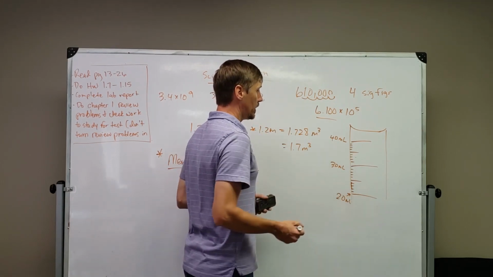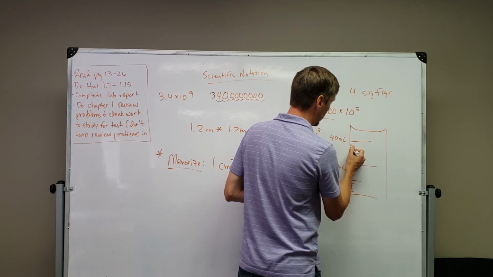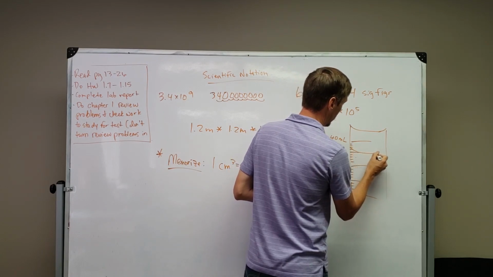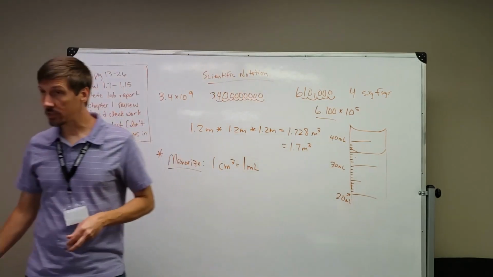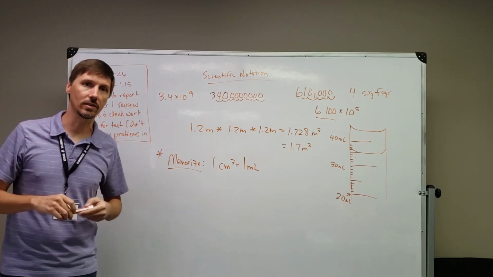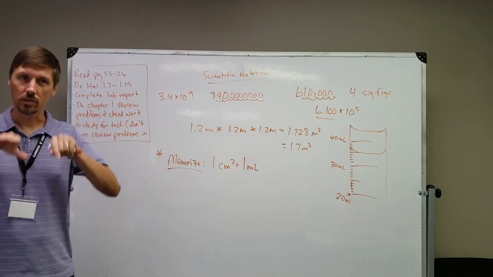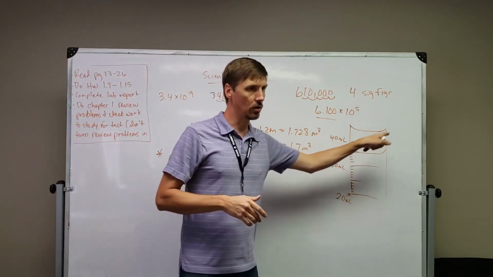So we put some liquid in there, and what you find is that the liquid, let's say it goes up to here. The liquid is going to do something like this, where it curves up on the edges of the measuring device because the liquid is adhering to the sides of the container that it's in. So you have this curve that's just naturally going to happen. And we call this curve the meniscus.